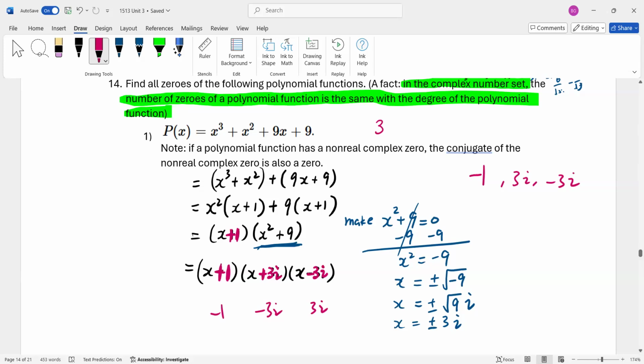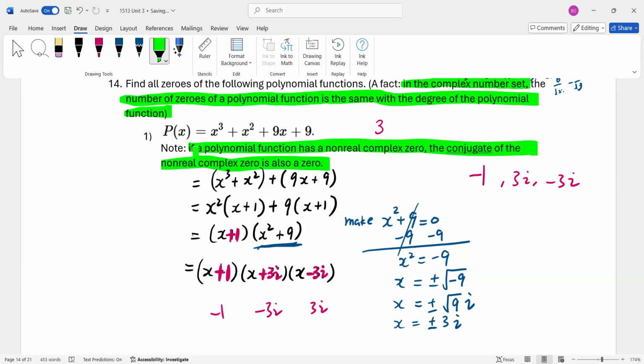I get it. Okay, thank you. And in fact, this is a very important conclusion. You need to remember, okay? If a polynomial function has a non-real complex root, then the conjugate of that root is also a root.